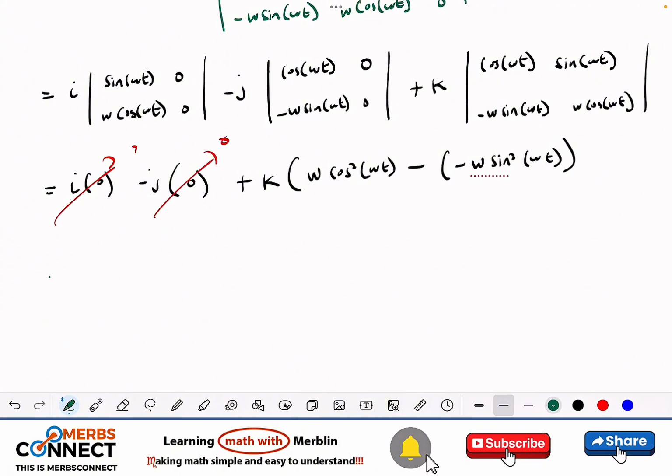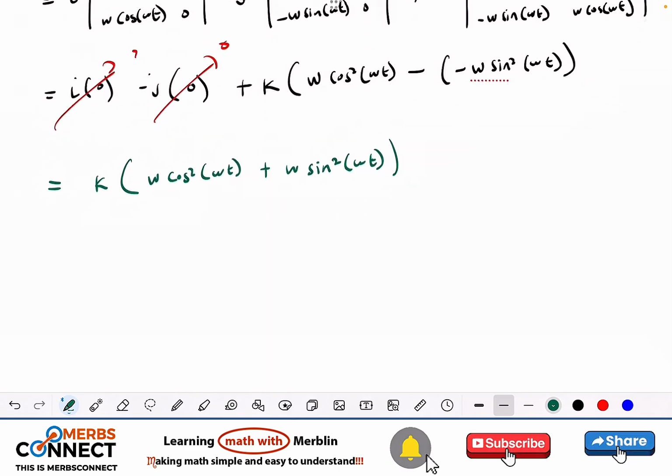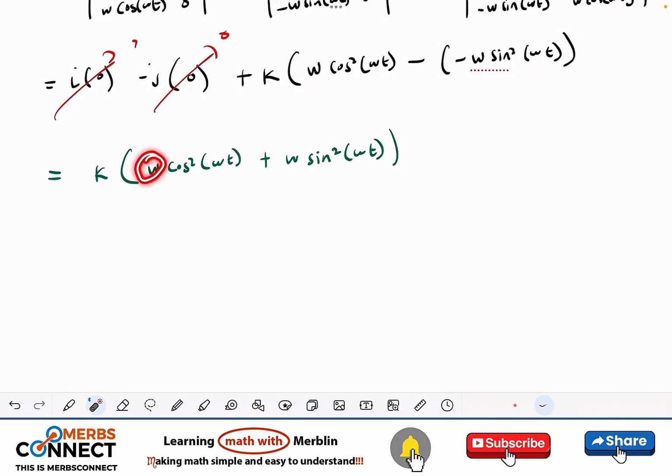So we are going to have k, and then omega cos squared omega t plus omega sine squared omega t. So now I can factor omega out.